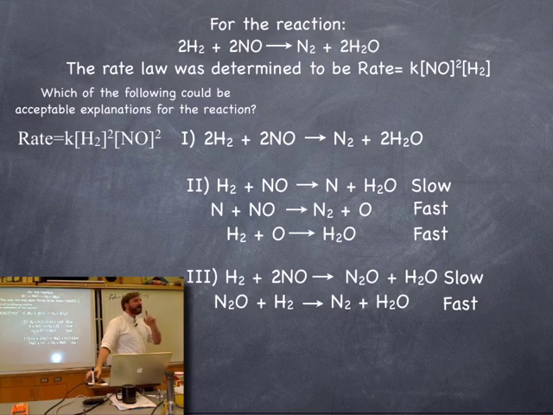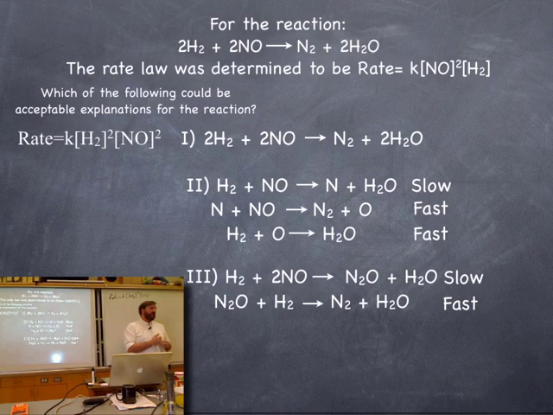In an elementary step, what we're saying is these are the particles that have to collide. The likelihood of 4 particles running into each other all at the exact same time is very, very small. Biparticle, 2-particle collisions is the norm. 2 particles colliding off each other, that can happen.